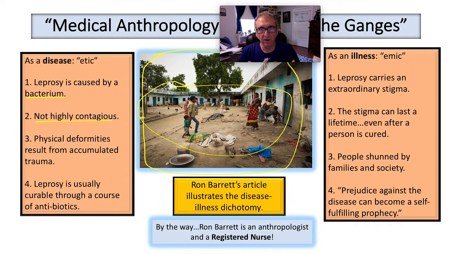And if you think about where these people live, all of this secondary trauma that's a result of leprosy is going to lead to other kinds of infections. And so that's where the physical deformities come from. They come from this accumulation of trauma, okay?